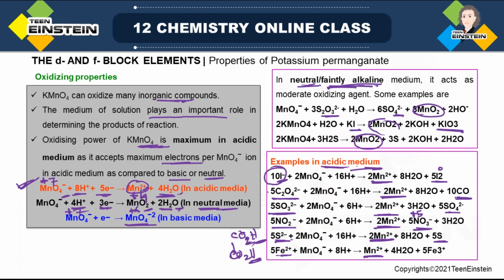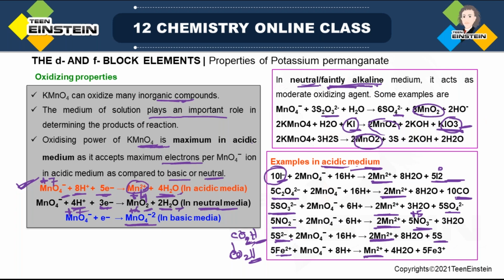Here we have used iodide, and for neutral and faintly alkaline, here also we are using iodide, but the products are different. Here I- is converted to iodine, that is from -1 oxidation state to 0. But in this case, it is converted to iodate ion, IO3-, where the oxidation state is +5.